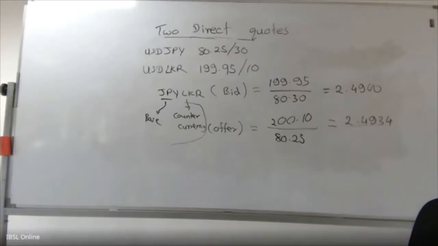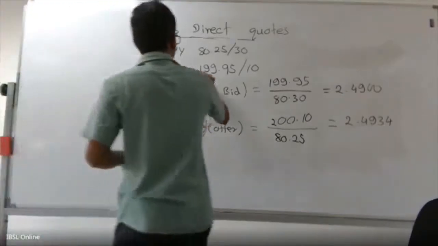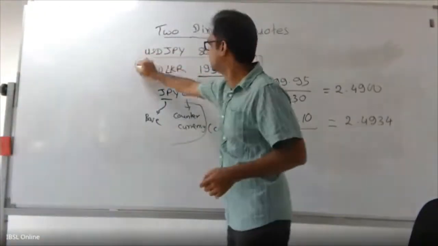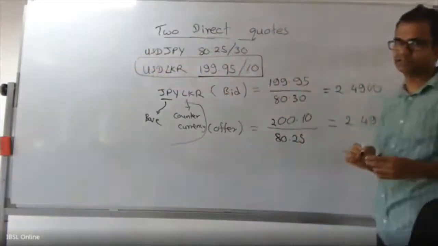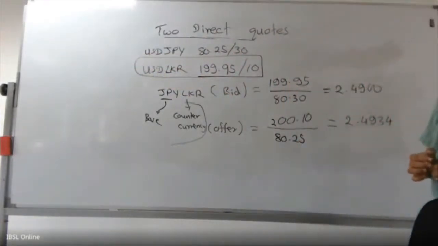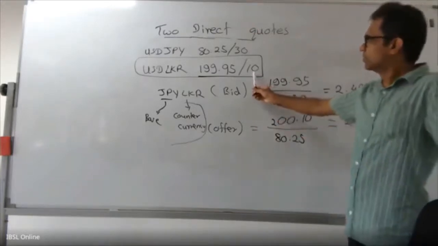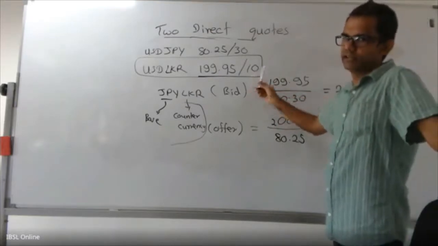Any question? So in this example, you learn two things: how to calculate the cross rate when you have two indirect quotes, and how to get it correctly when you have bid and offer with a lower figure at the offer.